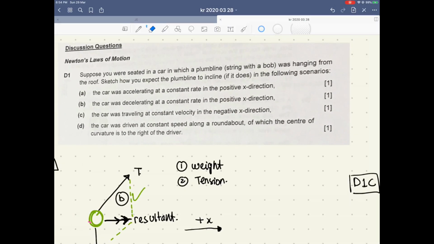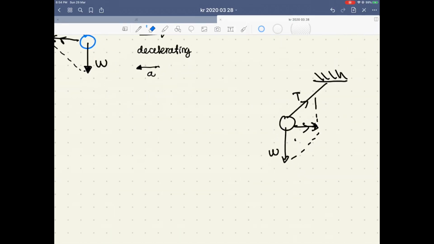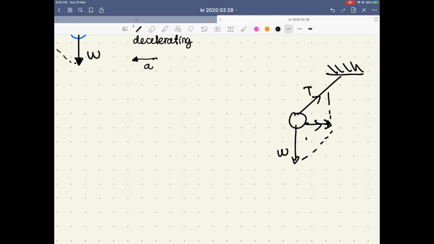D1D. The car was driven at a constant speed along a roundabout of which the center of curvature is to the right of the driver. I think you know how it works.